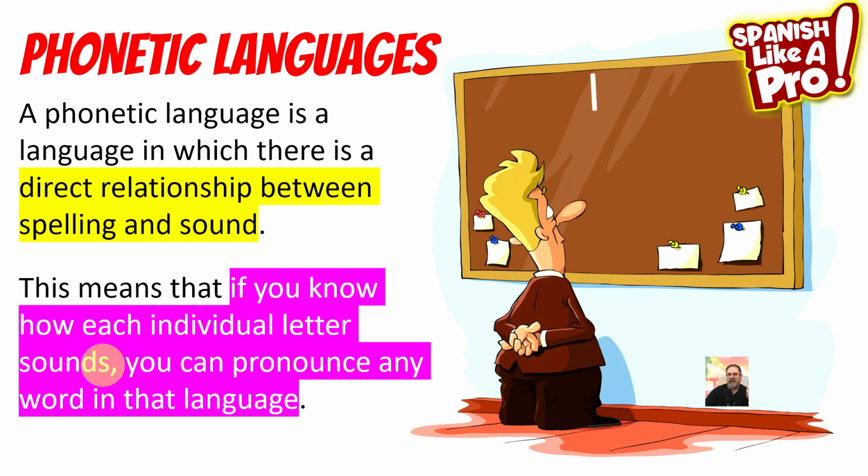Let's have a look at English as an example. Let's say that it's my first day learning to speak English, and I see this: I. So I learn that anytime I see this, it's I. But all of a sudden, if I see this and I say "eyes," people will say, no, no, no, that's wrong. It's not "eyes."